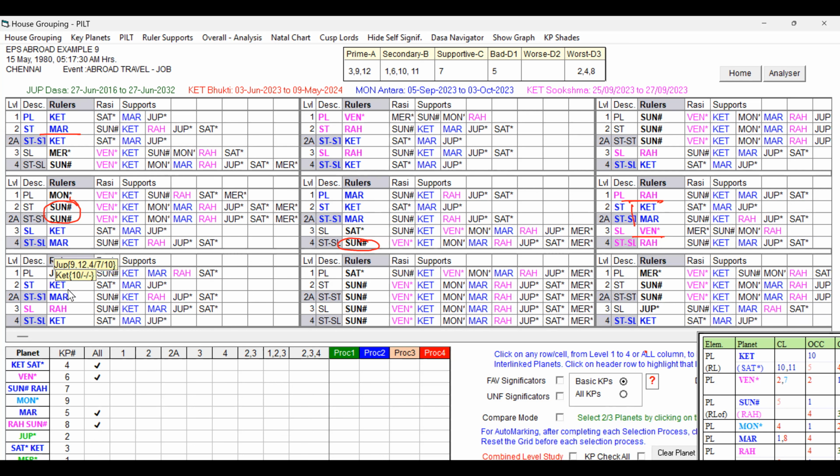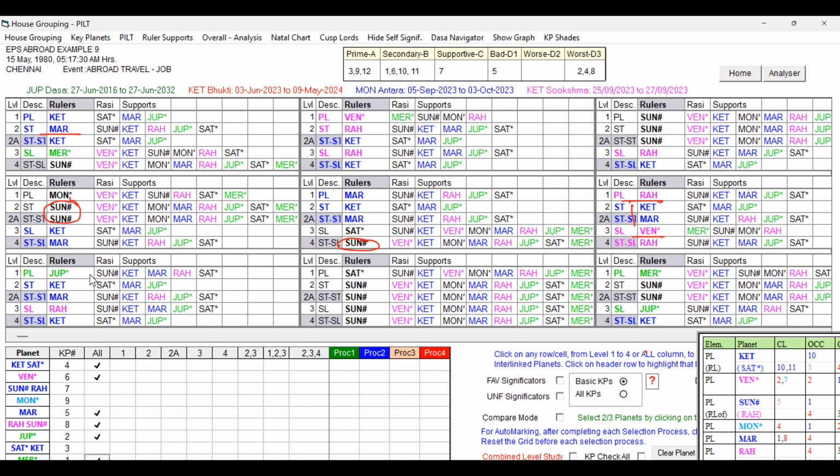Jupiter is having all the key planets ruling, and Jupiter itself is a good key planet playing a role here. So Jupiter is favorable, and you can see Rahu sublord is playing, but you can see no Venus is playing. That is a good point. Rahu is only in the fourth house, strongly present. Since he is already there in Jupiter Dasa, that is not favoring him to come back.